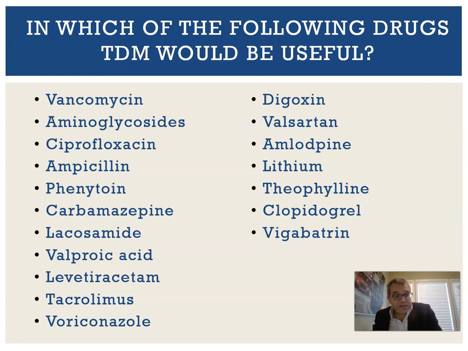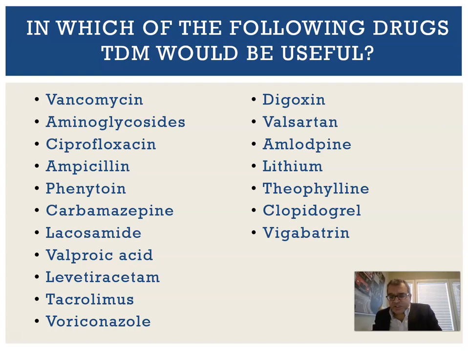For aminoglycosides, aminoglycoside usually has nephrotoxicity and ototoxicity, right? And this toxicity really is more dependent on the duration rather than the concentration, but adjusting the concentration actually could maximize efficacy and minimize toxicity, so TDM is useful.